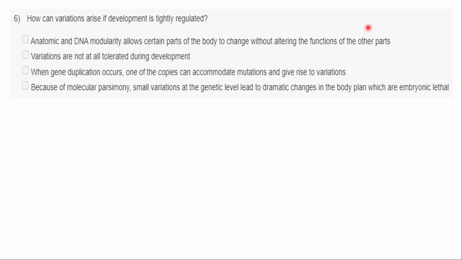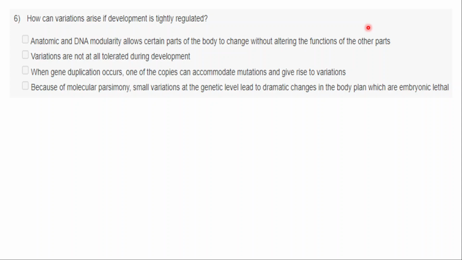Question number 6. How can variations arise if development is tightly regulated? So this is a question related to evolutionary developmental biology, EVO. Option A. Anatomic and DNA modularity allows certain parts of the body to change without altering the functions of the other parts.